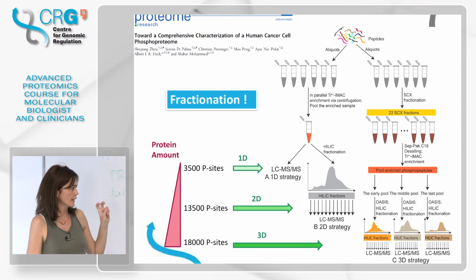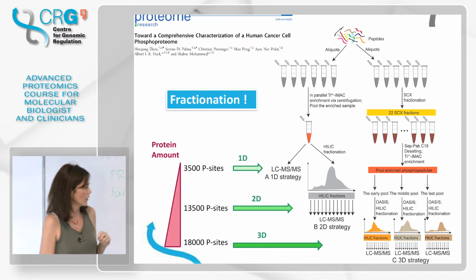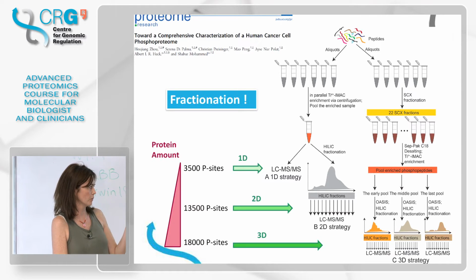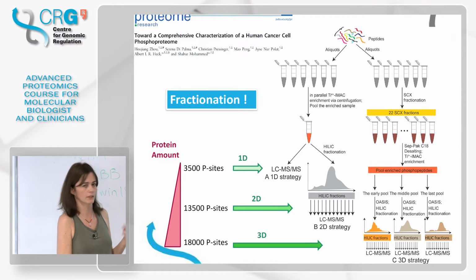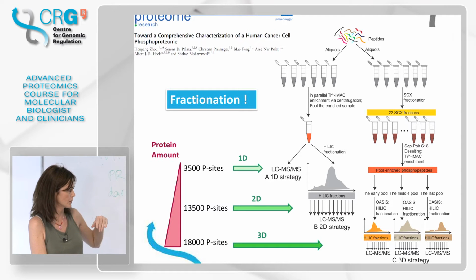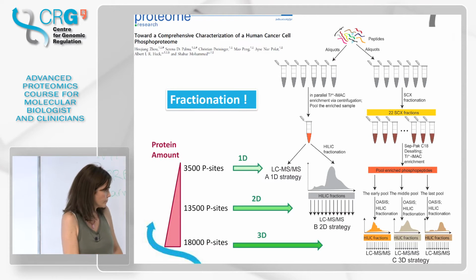One that they call the 1D strategy, in which all they did was enrich with these beads, a combination of titanium dioxide and IMAC, which are now also quite widely used and are actually commercial already. At this moment they were not commercial. They enriched and they saw how much they could get.